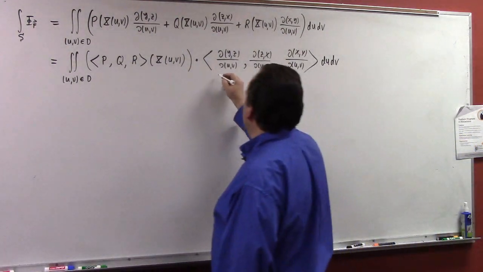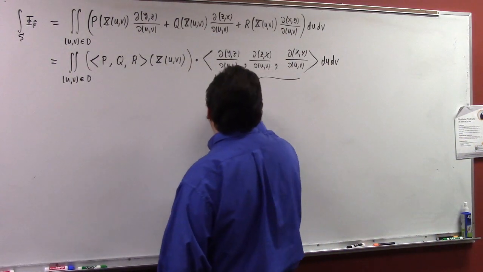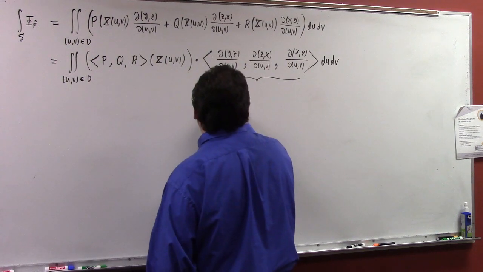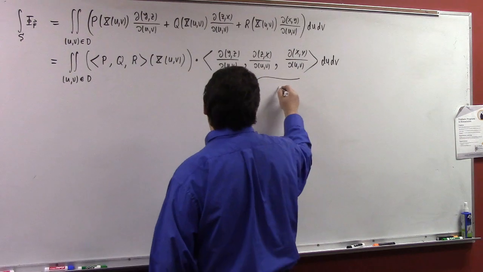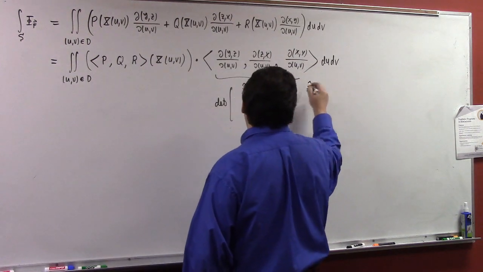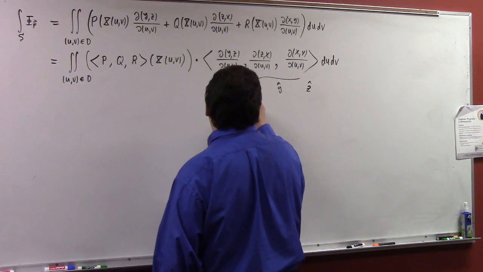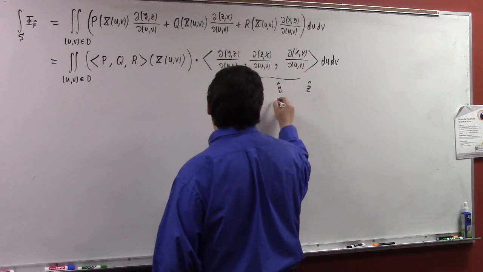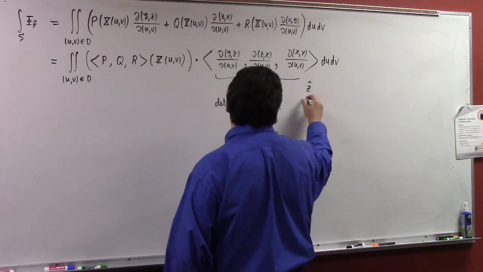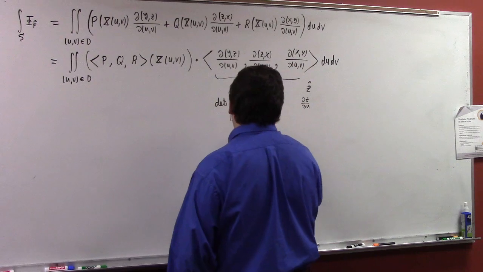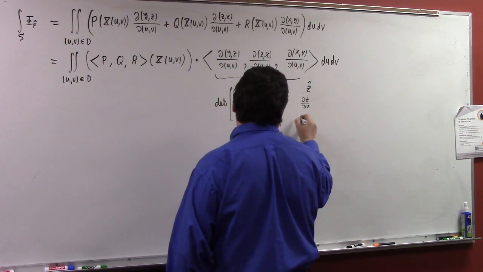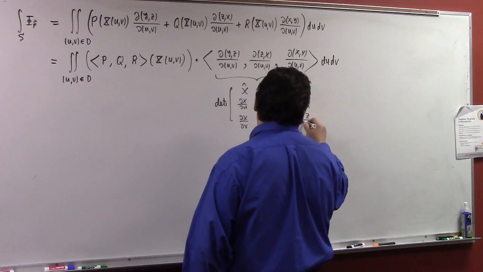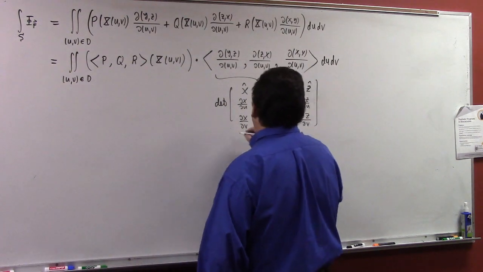But this is exactly what you get if you look at the determinant of x hat, y hat, z hat, of partial x, partial u, partial y, partial u, partial z, partial u, partial x, partial v, partial y, partial v, partial z, partial v. Regretting this notation.